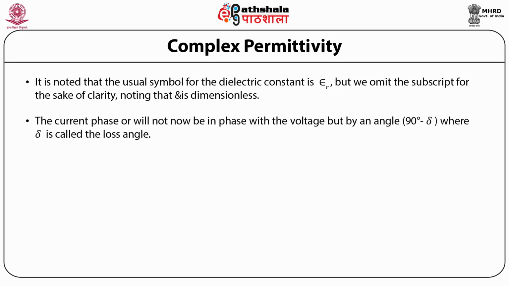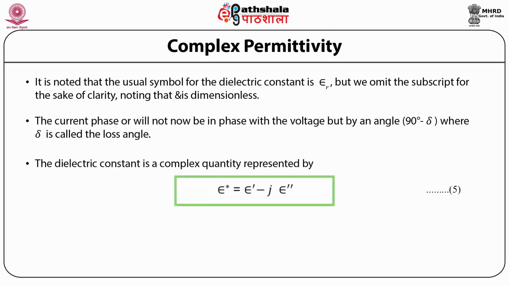The current will not now be in phase with the voltage but leads by an angle 90 degrees minus delta, where delta is called the loss angle. The dielectric constant is a complex quantity represented by epsilon star = epsilon prime - j epsilon double prime. The current can be resolved into two components.